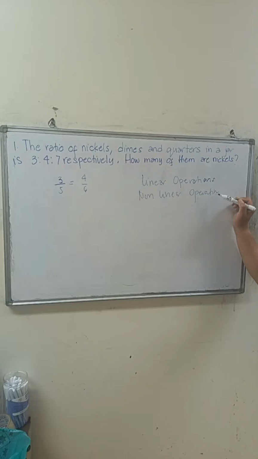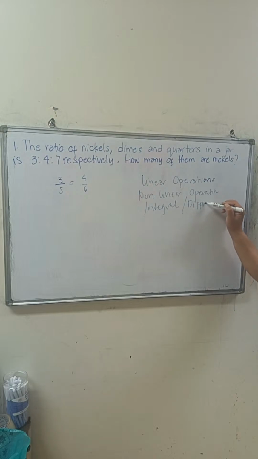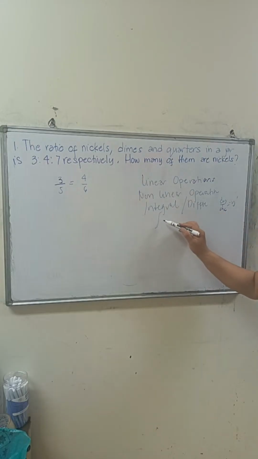For example, the integral of something, and the differential of something, like dy/dx or the y prime of something, the integral of and so on. These are called nonlinear operations.